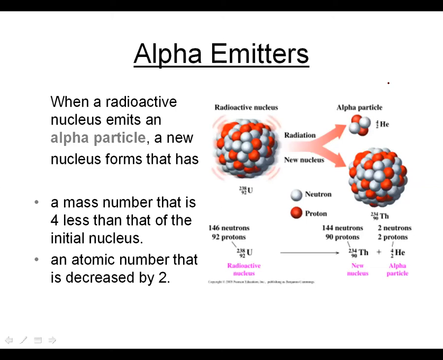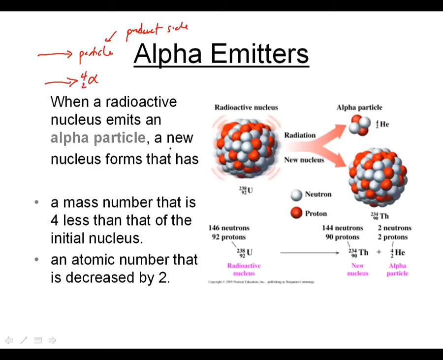If something is emitted or decays through some type of emission, basically that particle will be found on the product side. So an alpha emitter means that when you write an equation, you would have an alpha particle on the product side. It's like it's being given off.